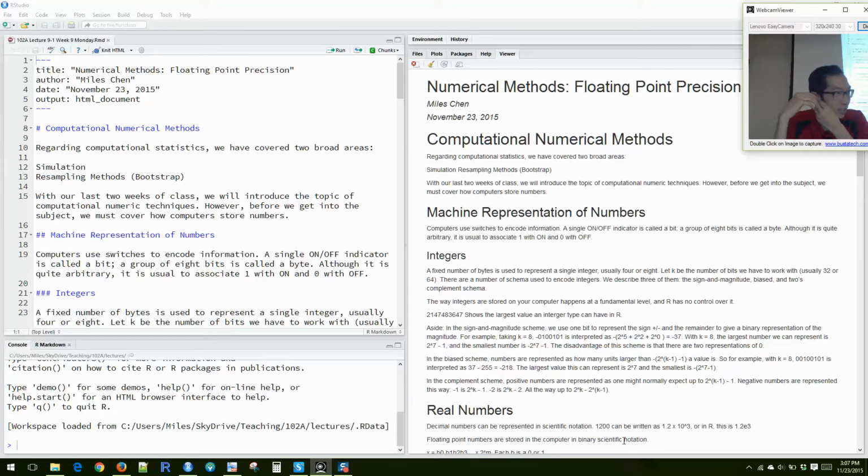There are some very distinct things, and certain things that we take for granted in regular math just don't apply.